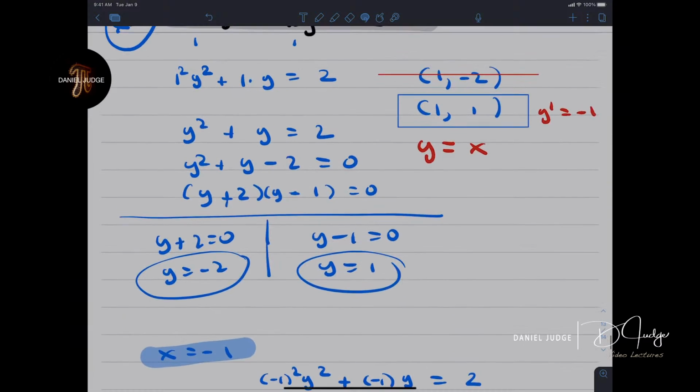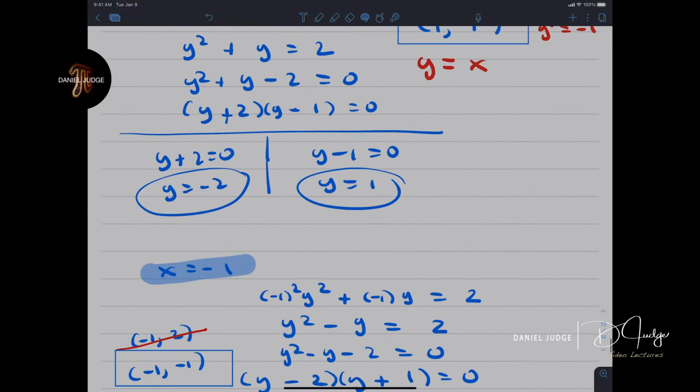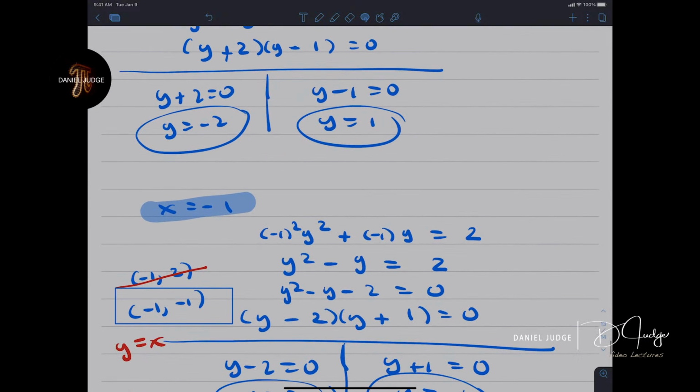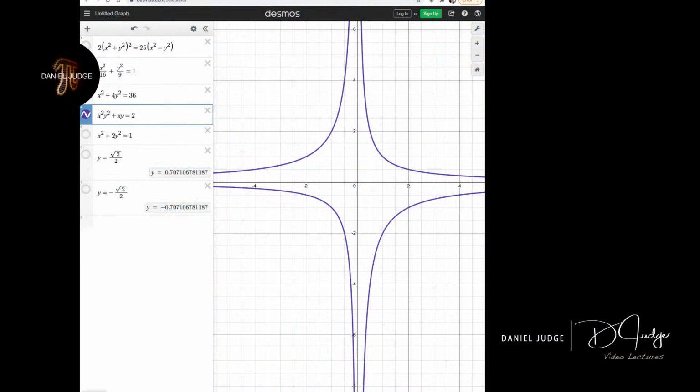So there are two locations: 1, 1 and -1, -1. Here are the answers to these questions. And if we go back to the browser here, we look at the shape. -1, -1 is down here. And what they're saying is, if I can get there, you'll have a slope at that location being -1. And so this is what we were looking at this morning, ladies and gentlemen.